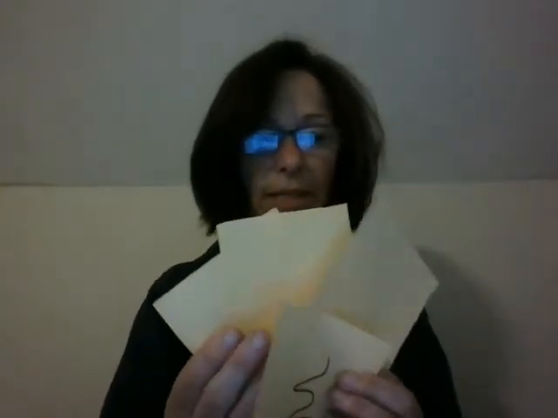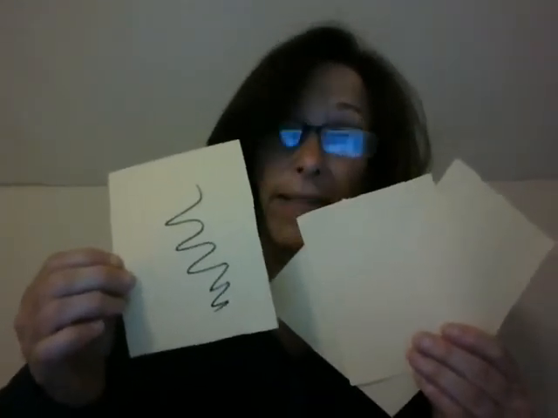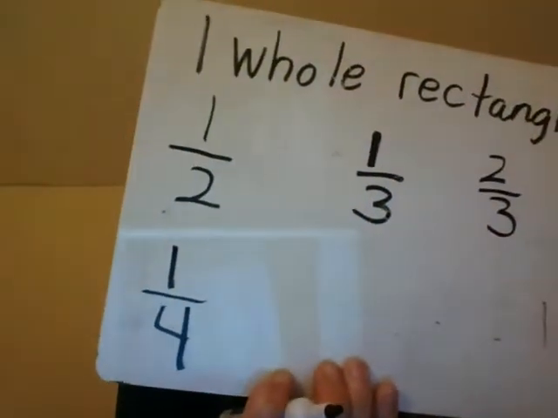So there it is. I'm going to color 1 part. So there's my 1 part. And I have 3 parts, as you can see, not colored. So how many parts of my rectangle are colored? You're right, 1. So 1/4 of my rectangle is colored.